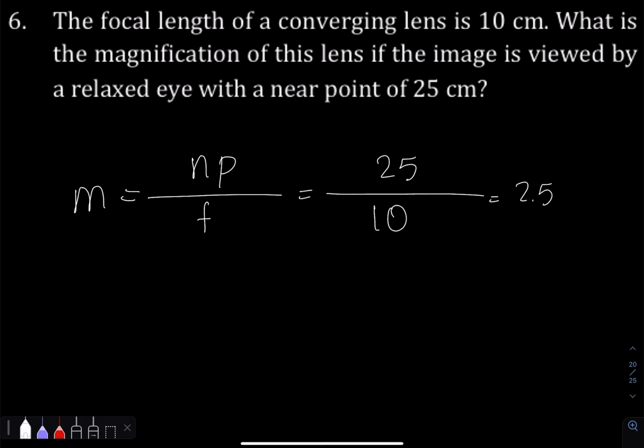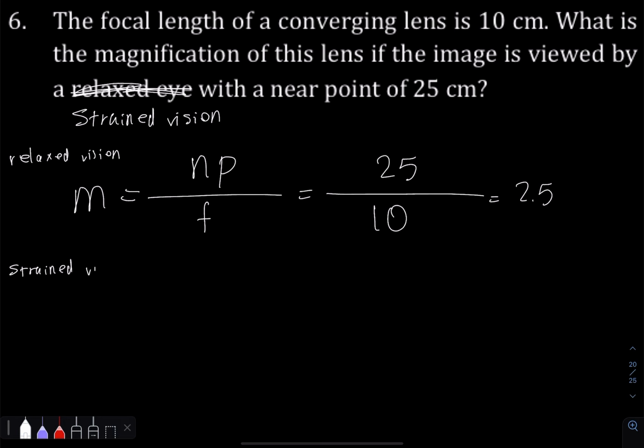Now let's say you were to look at this with, let's say it was strained vision, just for sake of practice. If you were to do strained vision, then try that on your own.